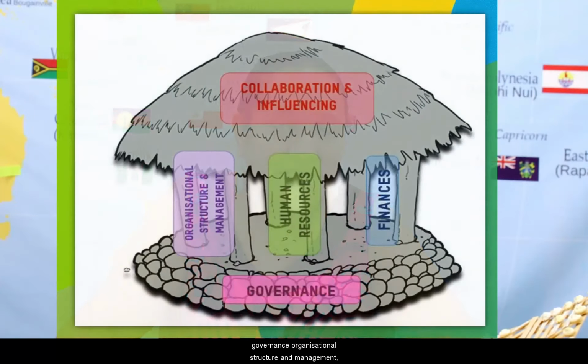When you and your CSO completed the self-reflection, self-assessment exercise, in addition to being able to complete a spider graph, you also identified where you were in relation to each of the points under governance, organizational structure and management, human resources, finances, and finally collaboration and influencing.